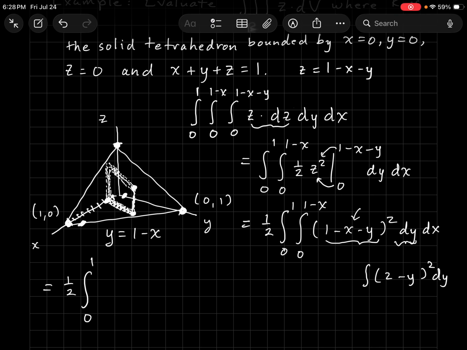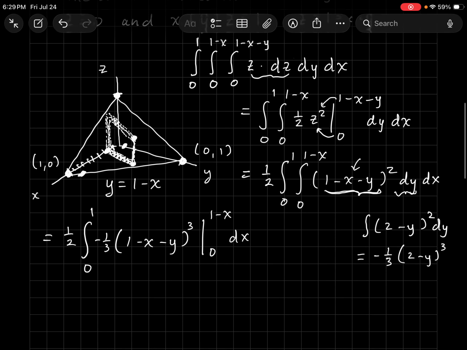And if I were to integrate this one over here, we would have negative 1/3 times 2 minus y cubed. The extra negative is from the chain rule. So if I were to do the actual one here, we would have negative 1/3 and then 1 minus x minus y cubed from 0 to 1 minus x.